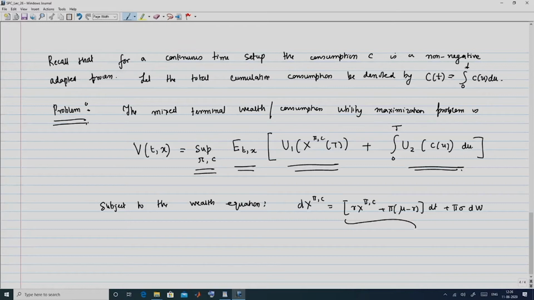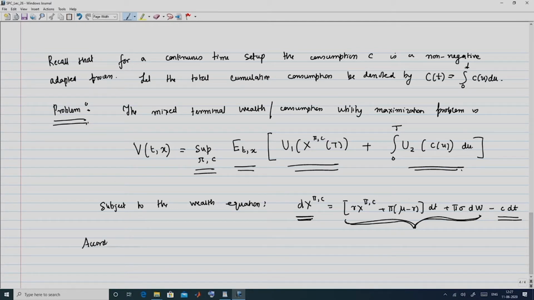So, this is the expression for the wealth process without the consumption, and along with it now we include a term for the consumption. You observe that the change in the wealth level without the consumption was given by this factor, and then the change of the wealth level is also going to be affected by the consumption c over the interval of dt, which has to be subtracted.